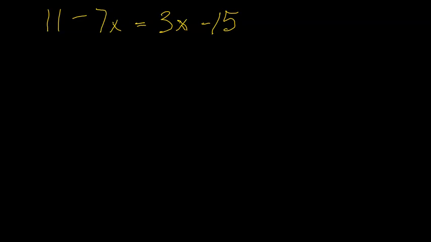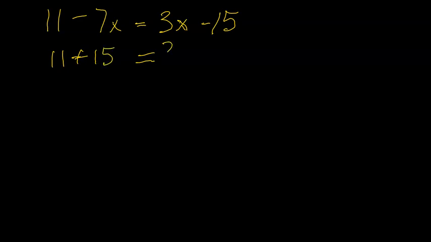So let's say we want all our constants, or the ones without the variable, to be on the left. So what we do in this case is we put our equal to sign, right? We have 11 here. We bring 15 to join 11. Because it's minus 15 on the right side, it becomes plus 15 on the left side.